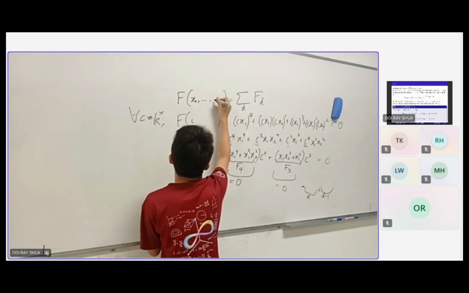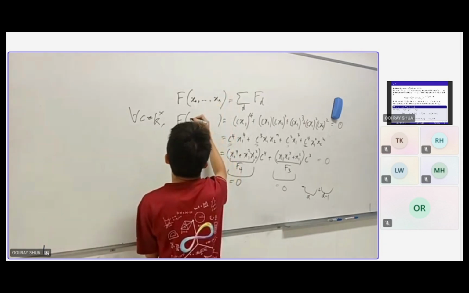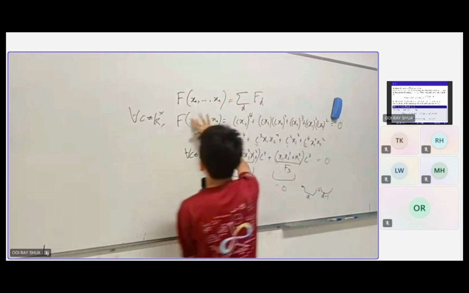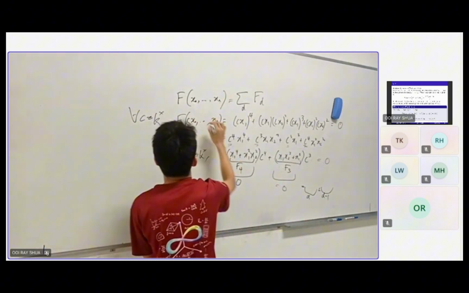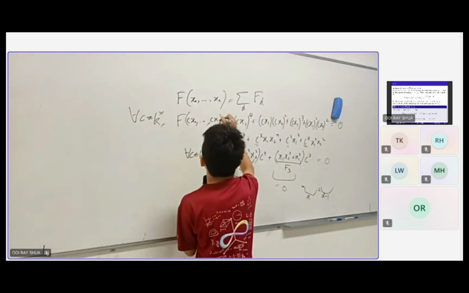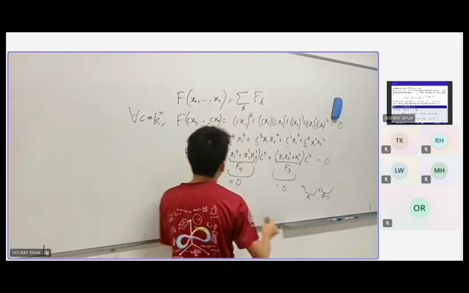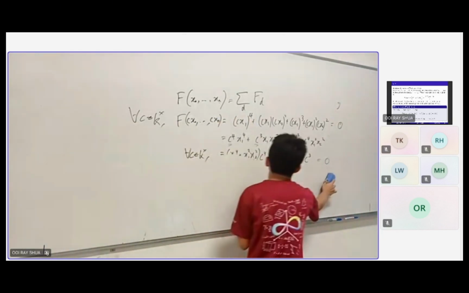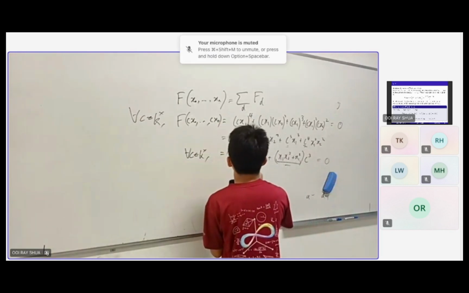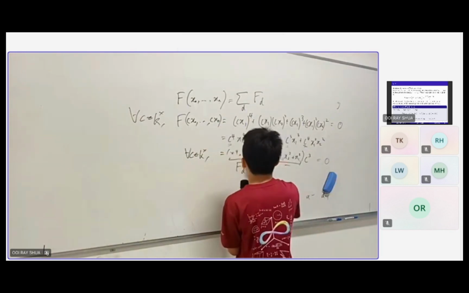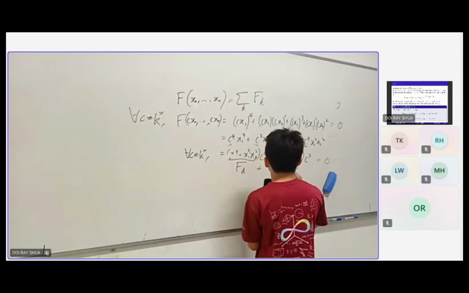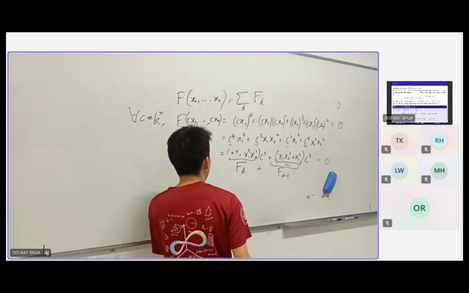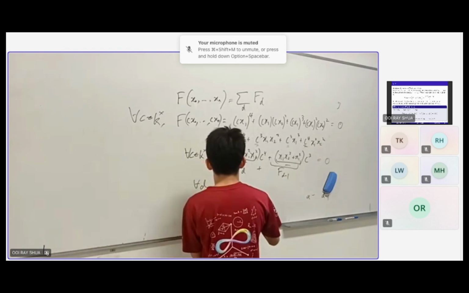And then by the same logic, we repeat, substituting c x naught and c xn. By the same argument just now, we arrive that for all these, f_d plus f_(d-1) and so on, f_d must be equal to 0.